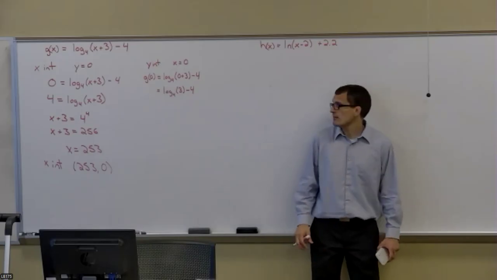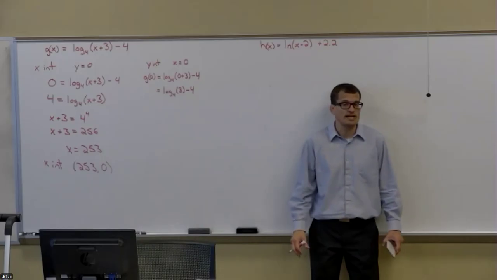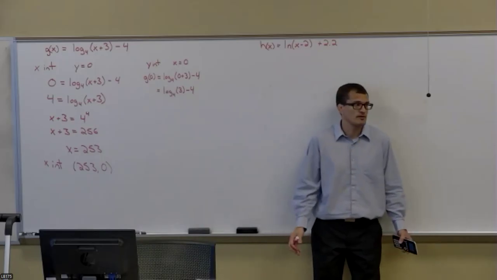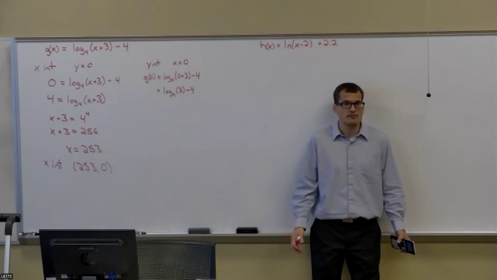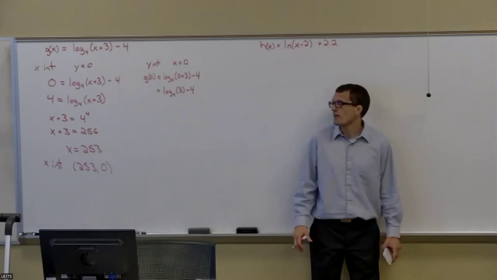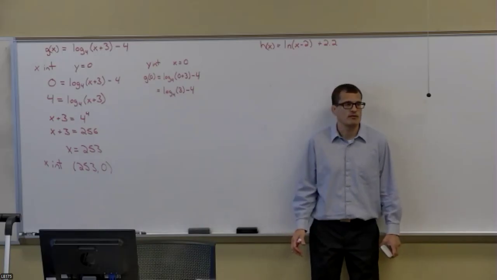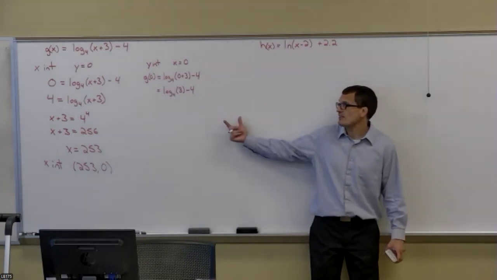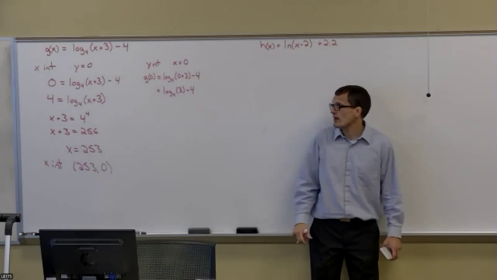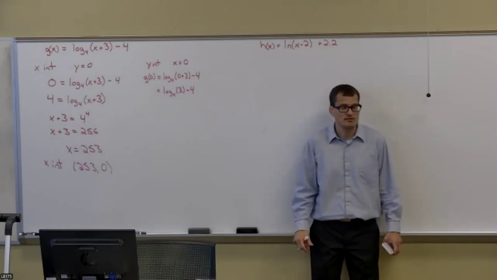By the way, log base 4 of 3 is a real number. It's going to be some number. It's going to be irrational. It's going to be messy. But it is a real number. And so that is the y value of the y-intercept.